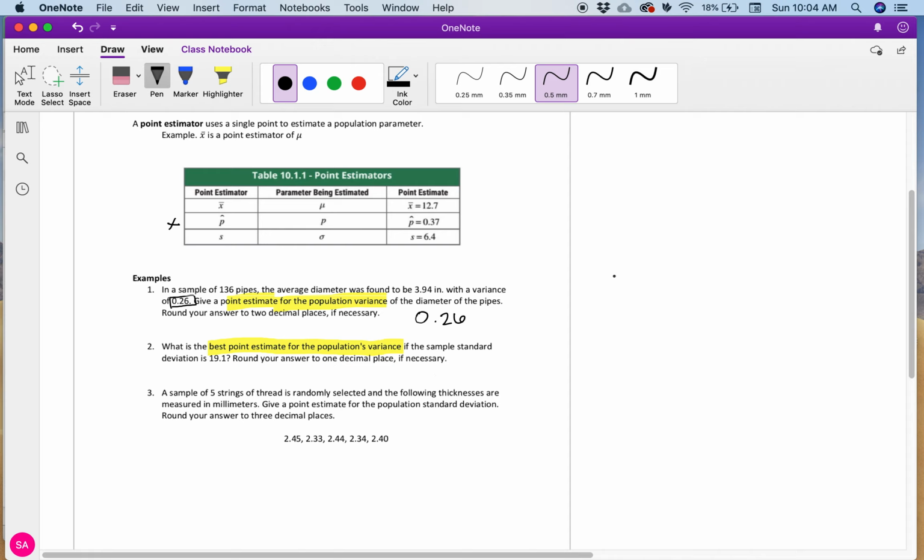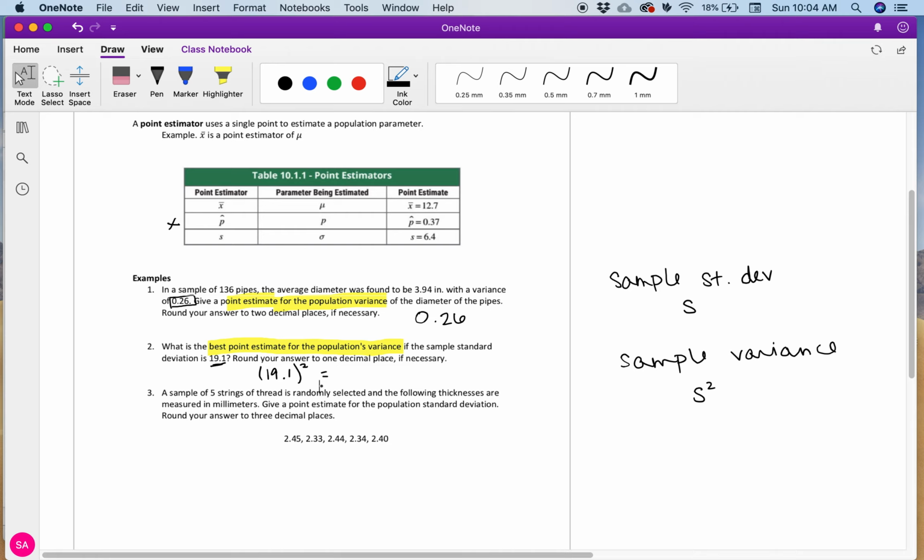So sample standard deviation we denote with an S. Sample variance we denote with an S squared. And basically, variance is the square of the sample standard deviation. Since they're giving us the standard deviation, we just have to square this value, 19.1 squared, and then we will have our correct answer.